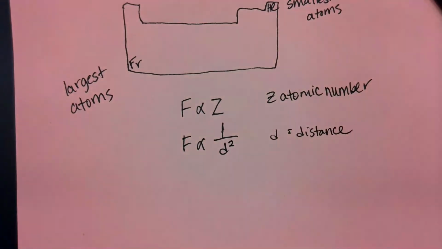So the further you get away, the less attraction you have. Those at further energy levels away had less Coulombic attraction.